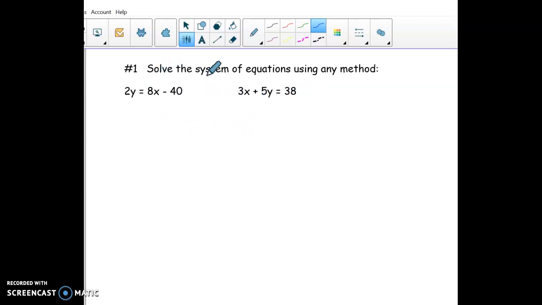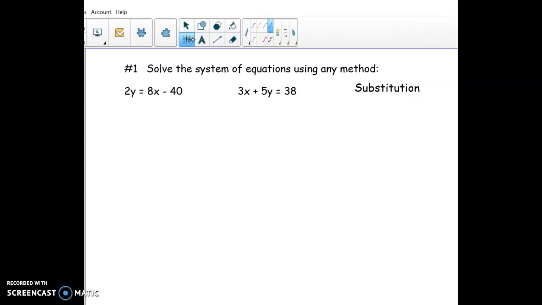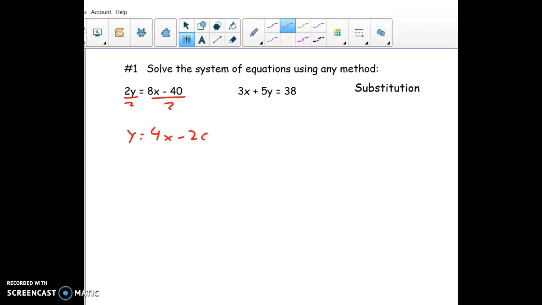All right, so this one's going to work well to use the substitution method. The reason is we almost have y alone. So if we go to the equation on the left, if we divide it all by 2, we get y equals 4x minus 20.